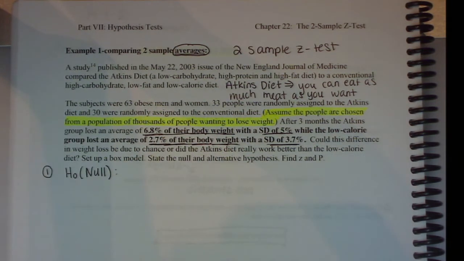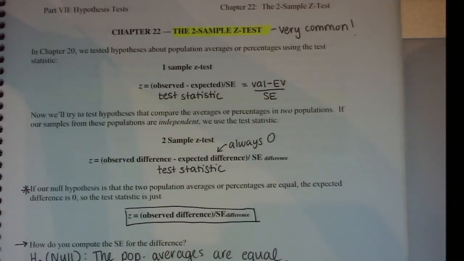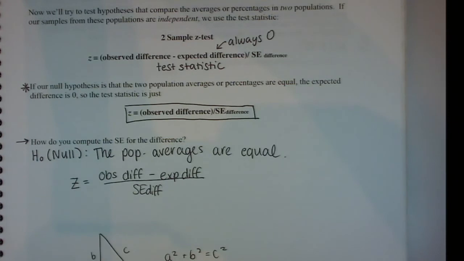And for the 2-sample z-test, it's always going to be the same. On the other page, I think I wrote it down. Yes, I said it's the 2 averages are equal. The null is that there's no difference between the 2 diets.